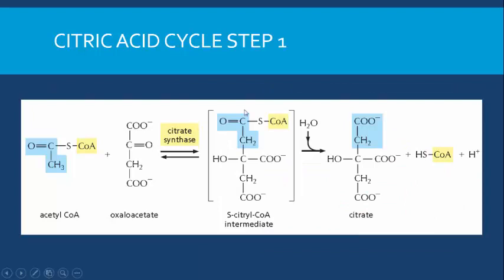In step 1, acetyl-CoA enters the cycle and meets the oxaloacetate intermediate that has been recycled from the previous spin on the cycle. In this stage, these two carbon molecules form one molecule, citrate, and coenzyme A is removed. This coenzyme A is recycled so that it can be used in acetyl-CoA transformation again.